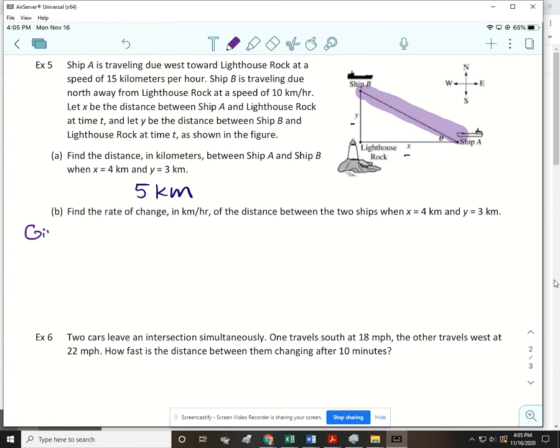So given dx dt is, okay, so this ship A is traveling toward the lighthouse, and so the distance is getting smaller, so this is a negative rate of change.